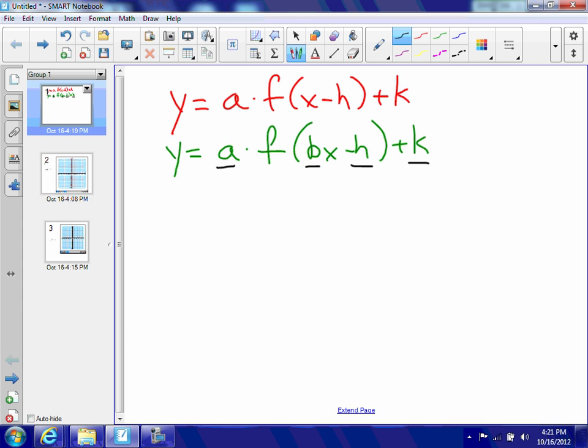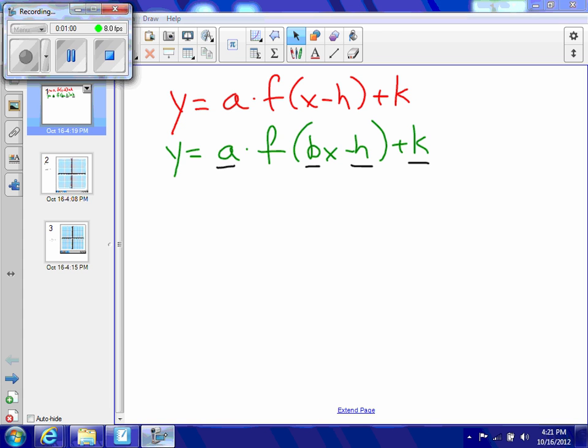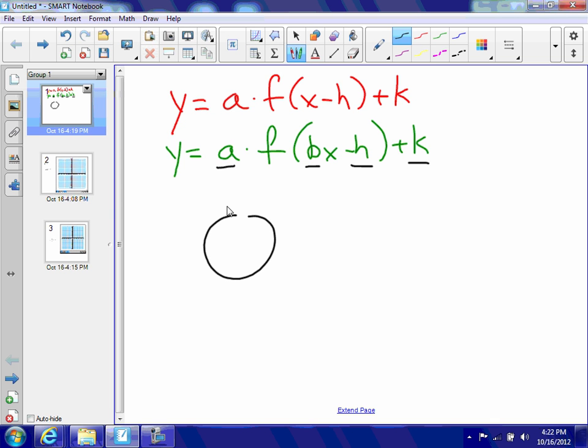But before I get into each of those, I want to spend a little bit of time and just talk about the concept of a parent function. The reason we use the word parent function is because a lot of the way we look is determined by our parents.